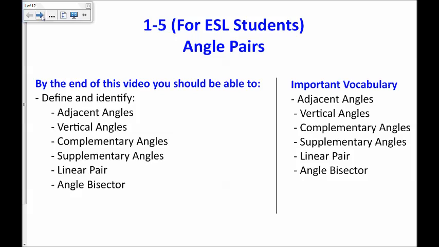By the end of this video, you should be able to define and identify these 6 words: adjacent angles, vertical angles, complementary angles, supplementary angles, linear pair, and angle bisector. And those 6 words are the important vocabulary in this section.